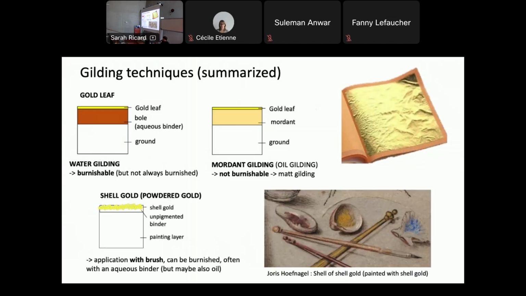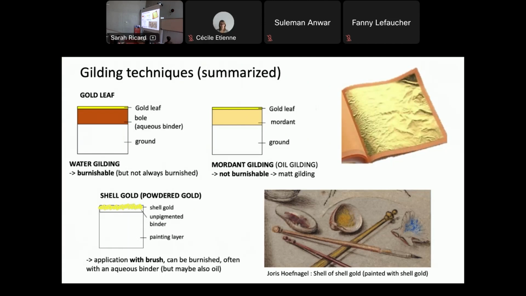A third approach is actually not really a third technique. It's actually playing on the nature of the leaf that is applied, because with shell gold, the gold is not applied in leaves. It is applied in powder, a powder that is mixed with an Arabic gum, and this allows you to paint with gold powder directly onto a binder that can be of very different nature.